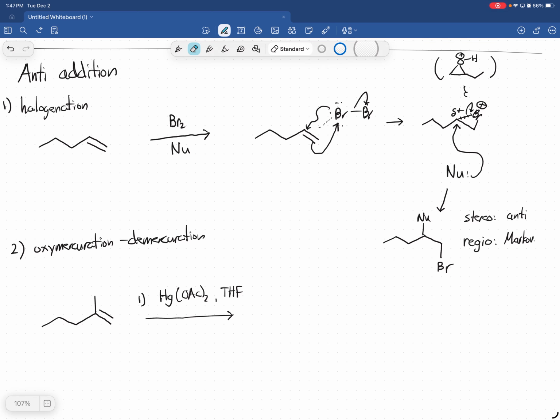So the first step, the chemistry is very similar to the halogenation one. What kind of intermediate do we form? No, not carbocation. Well, there's a charged species, but where's the charge? It's not on the carbon, right? Where is it?